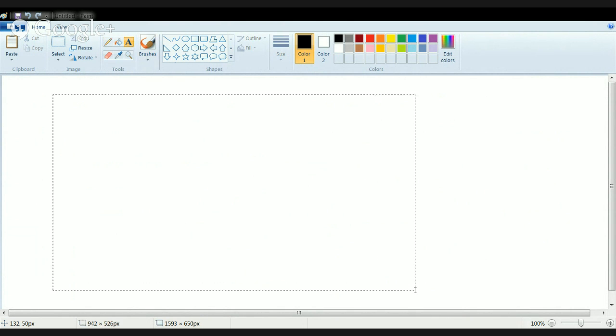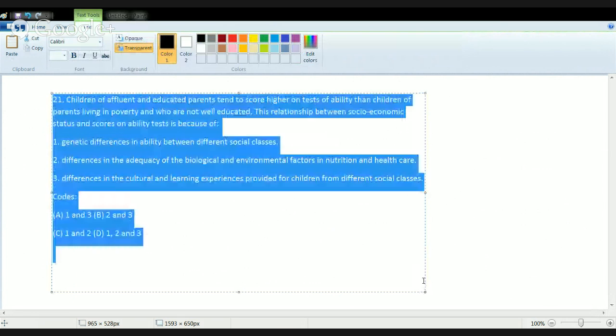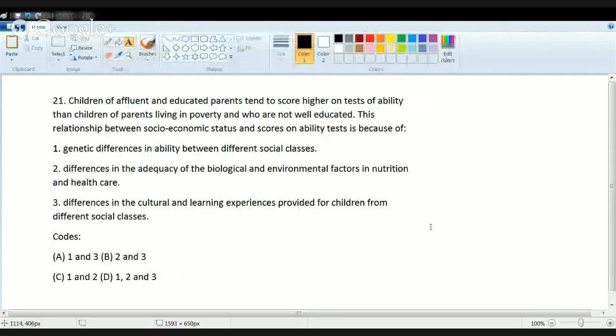Now the next question is a bit tricky. We are talking about two things, socioeconomic status and ability. It's saying that people who are affluent score better compared to people who are poor. Now consider a phase when the origin of Earth took place.